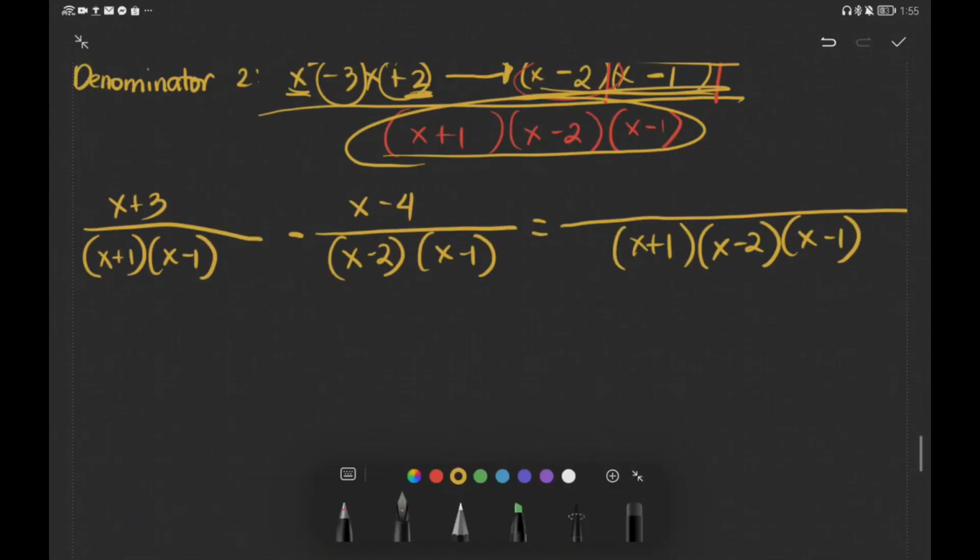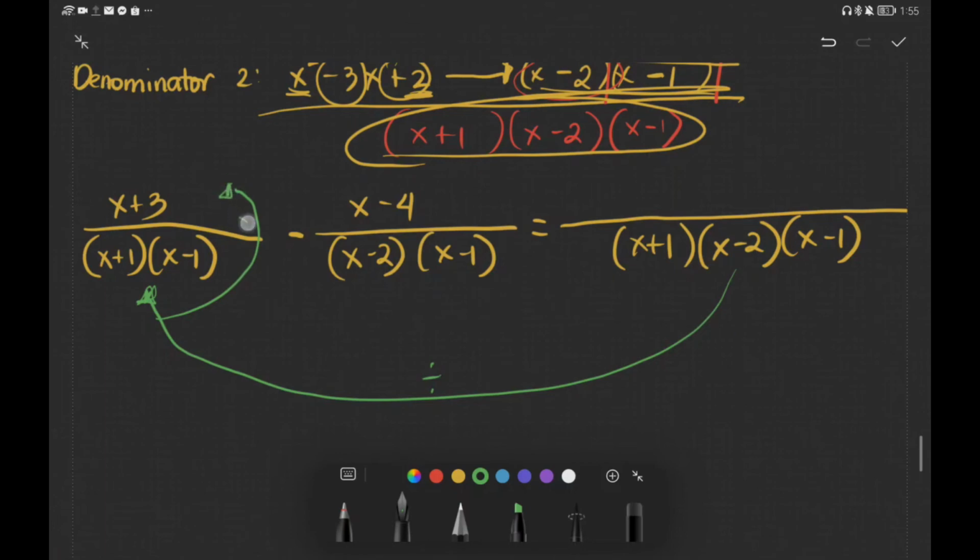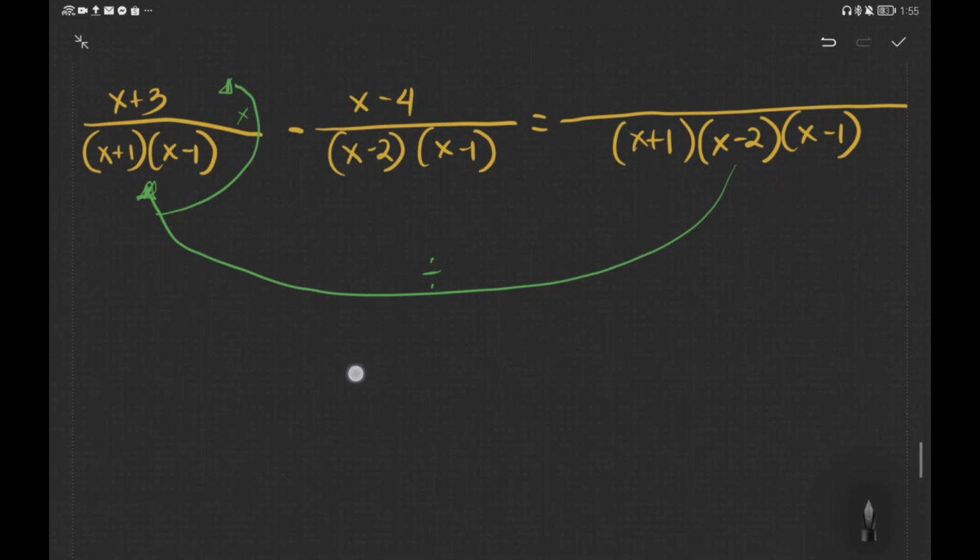To add the numerators, let us now divide the LCD by the first denominator, then multiply the answer by the first numerator. So, let's write it here. You have x plus 1.